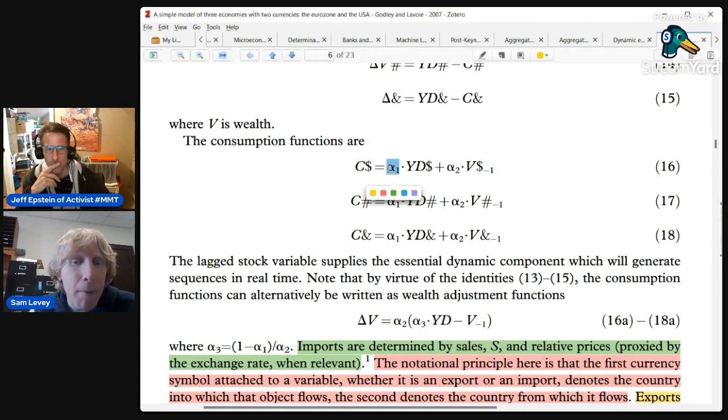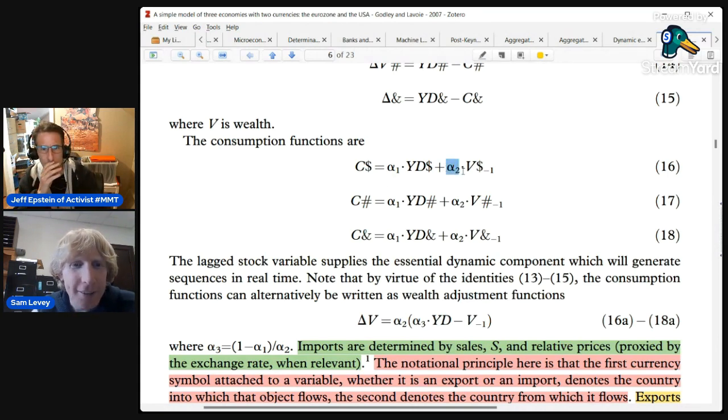This is probably just one number that's fixed, right? And yes, alpha 1 is the propensity to consume out of income. So if your income goes up, how much is your consumption going to go up? There's also a propensity to consume out of your wealth. They may be different. That's right.